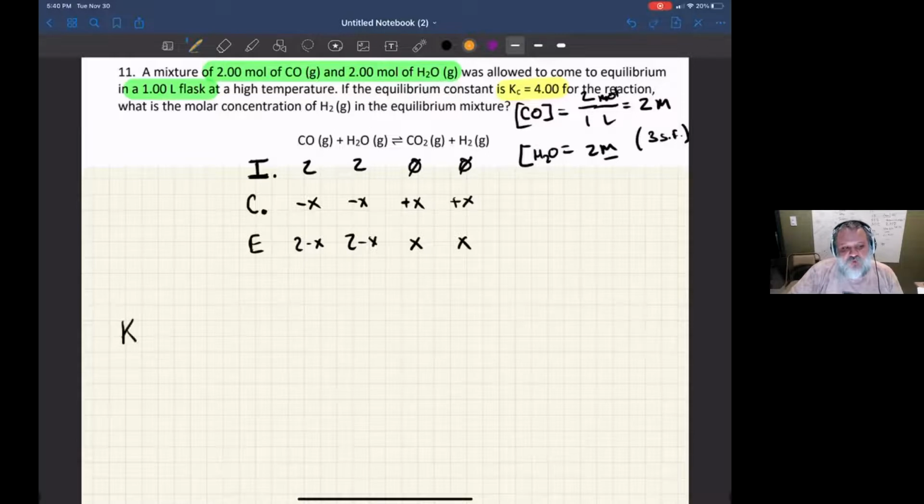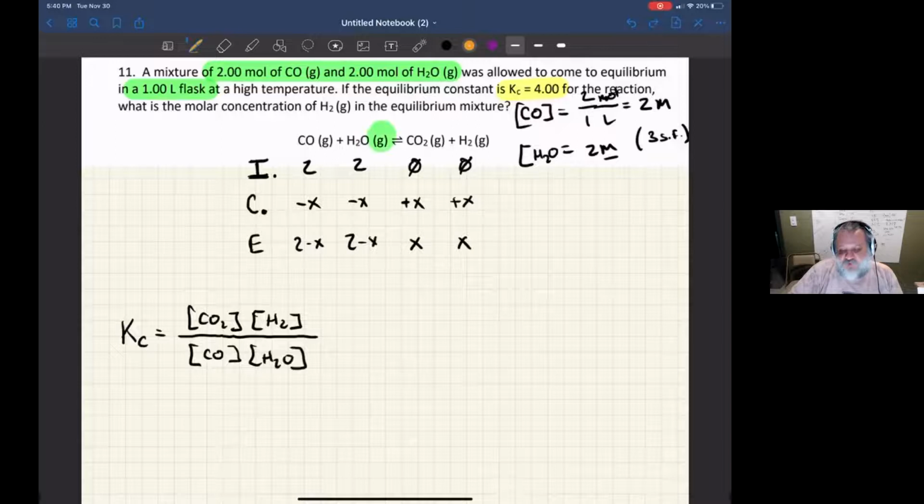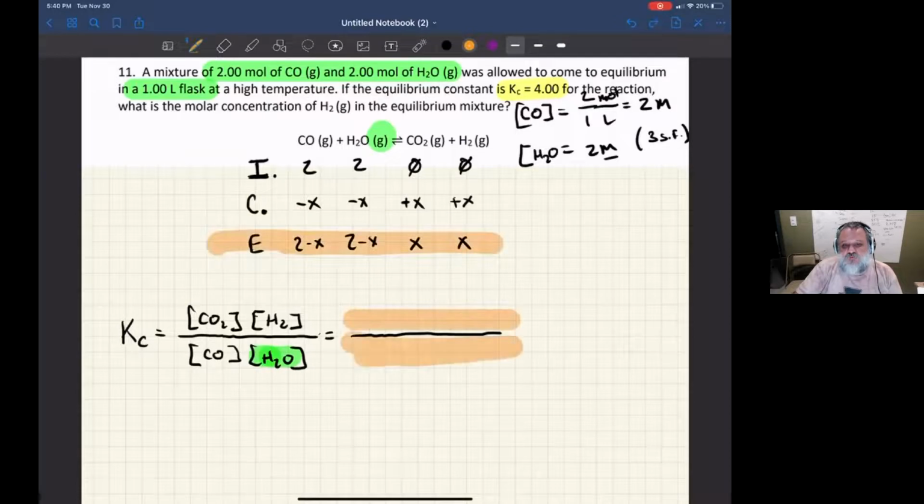Okay, let's write down the equilibrium expression. It's the concentration of CO2 times the concentration of H2 divided by the concentration of CO times the concentration of H2O. And now just point out that H2O is a gas, so I do need to include it in the expression. And that's what I'm looking for. Now that I have all of the equilibrium concentrations, I can put them in.